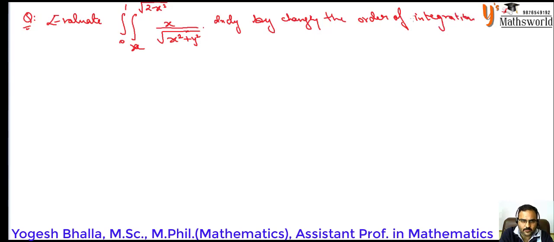Okay, so that means we have to change the limits over there, since the limits are in terms of x. Okay, that means they are the limits of y, and here it should be dy dx. Okay, so we have to change it in terms of dx dy.